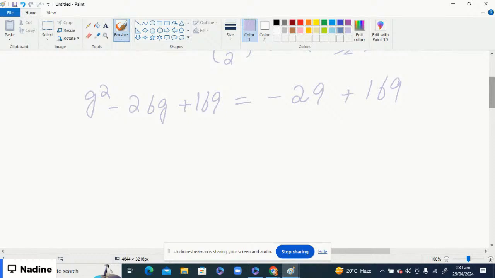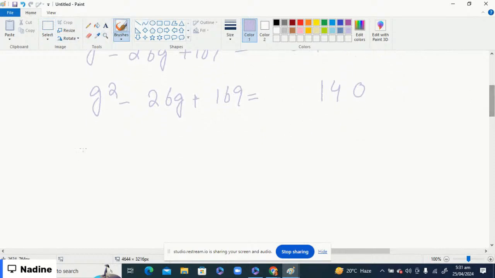Okay, now subtracting, what's the answer? It's 140. Make the formula on that side.